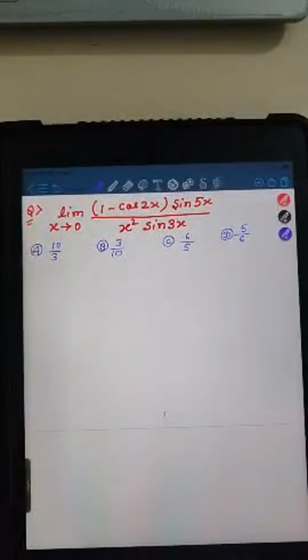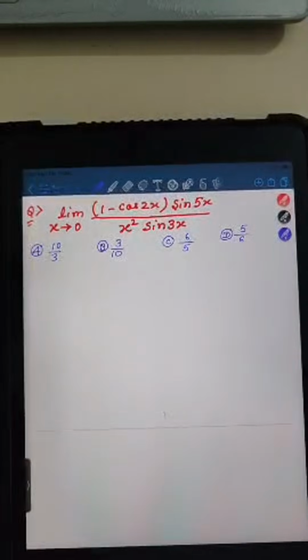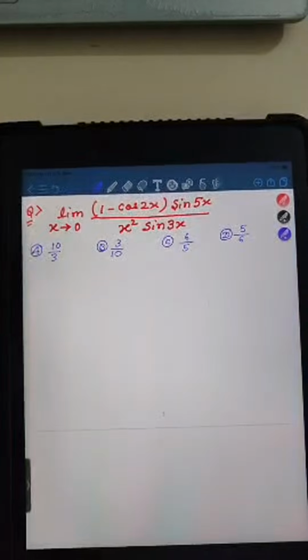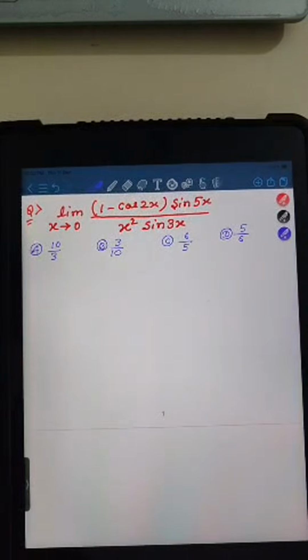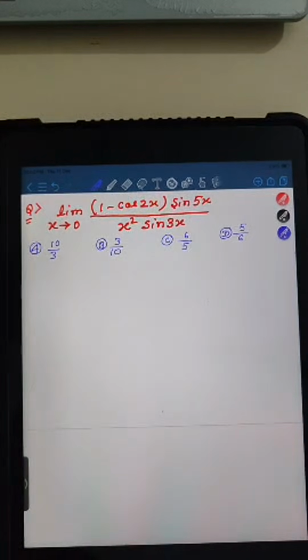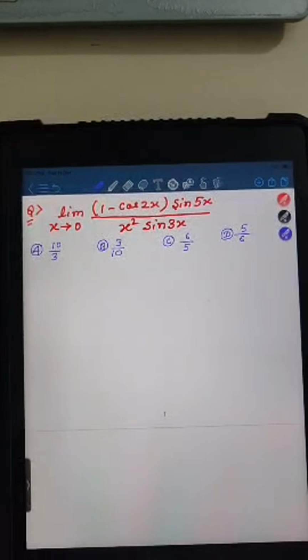In this question, the limit as x tends to 0 of (1 minus cos 2x) times sine 5x, upon x square times sine 3x. Everyone, just attempt this question and let me know your approach and whatever answer you are getting in the comment section.